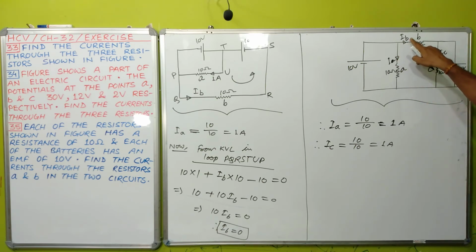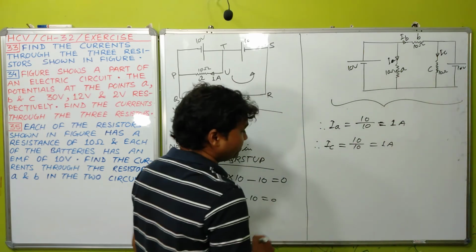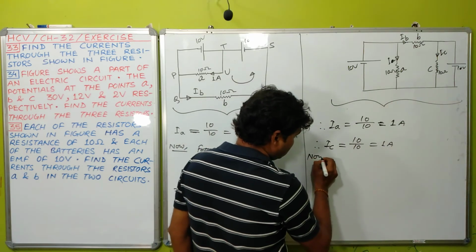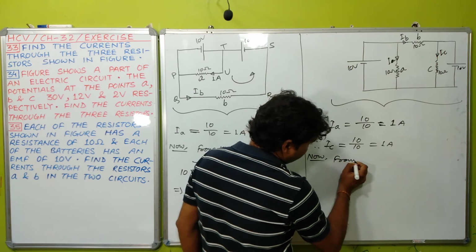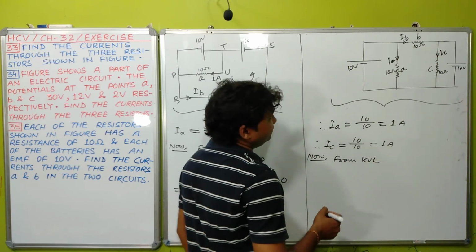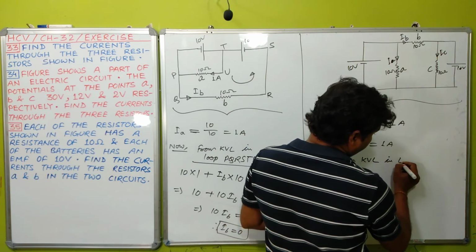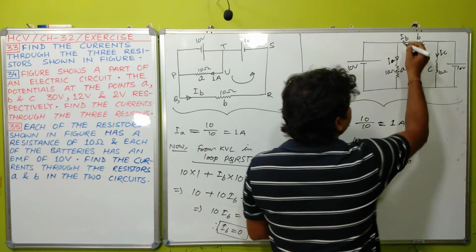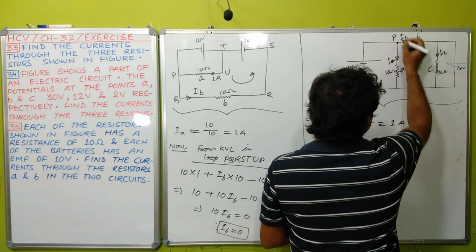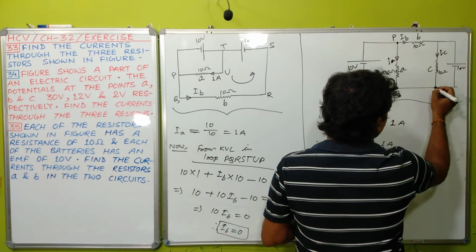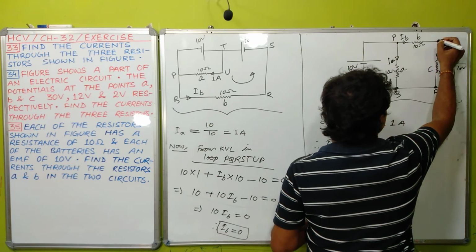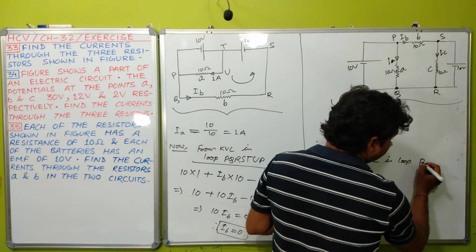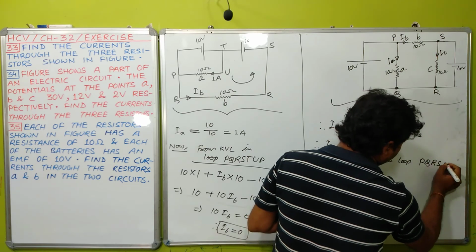Only unknown value is IB. Obviously we will find out the value of IB from there. From KVL in loop, let this be point P Q R S, so the loop is P Q R S P.